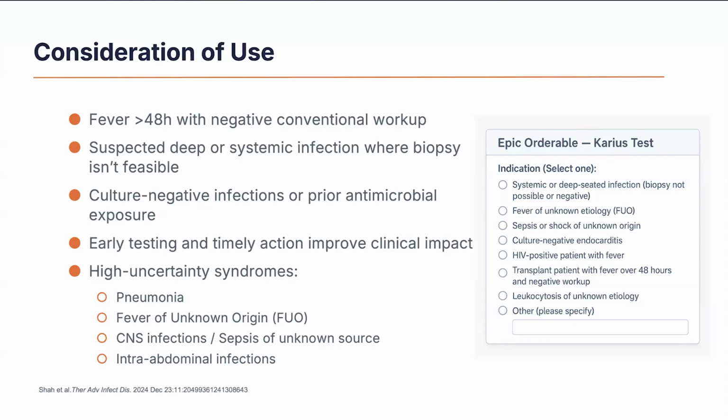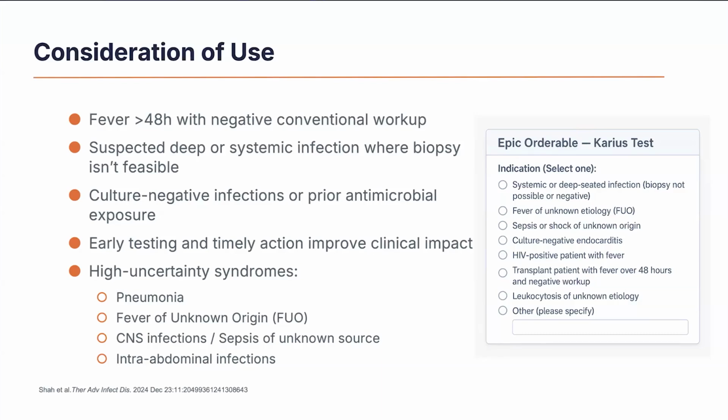So one, our patients are febrile for 48 hours with negative conventional workup. Second, if they have a suspected deep or systemic infection where biopsies are not feasible or patient refuses. Third, patient has negative cultures due to prior antimicrobial exposure.